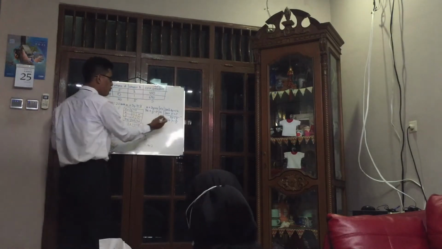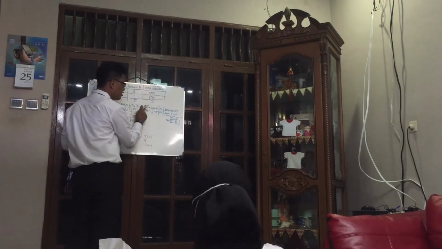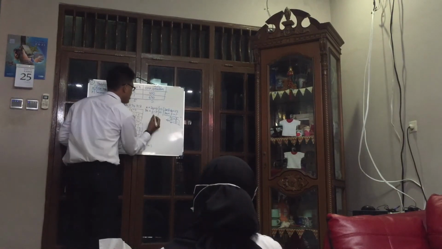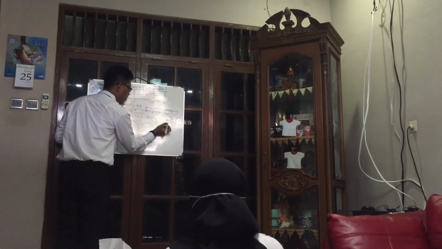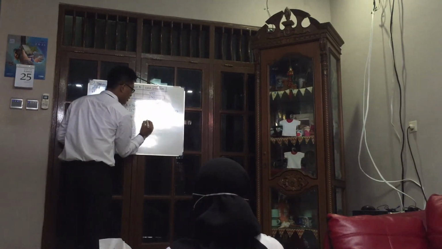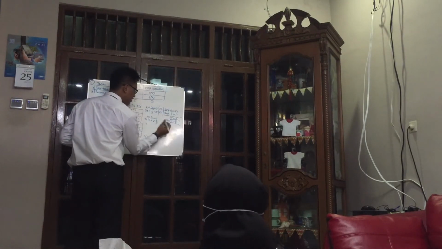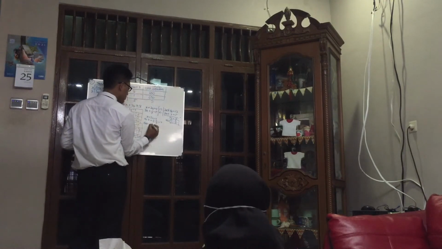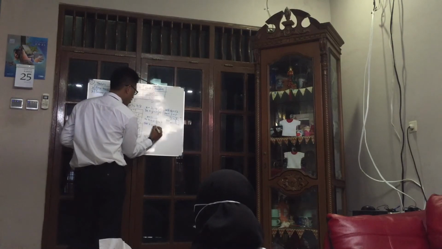Because we found y, we substitute this into, what do you want, the first or second? The first. Okay, so x plus 2y equals 4. We substitute with x plus 2 times 7 over 5. So we have x plus 2 times 7, 14 over 5 equals 4.